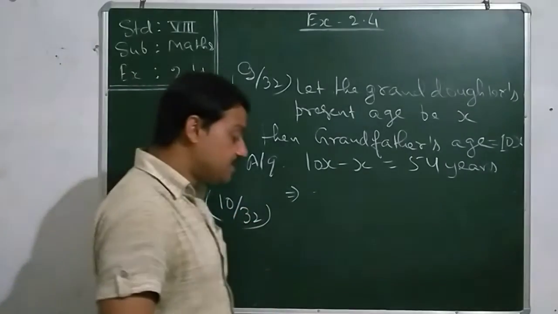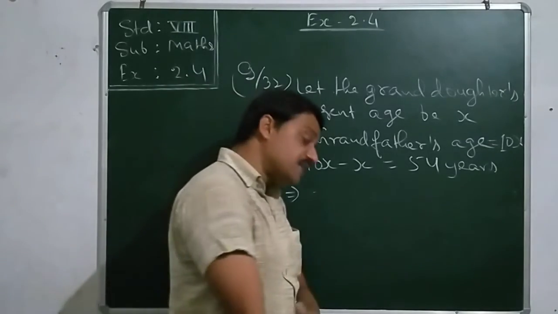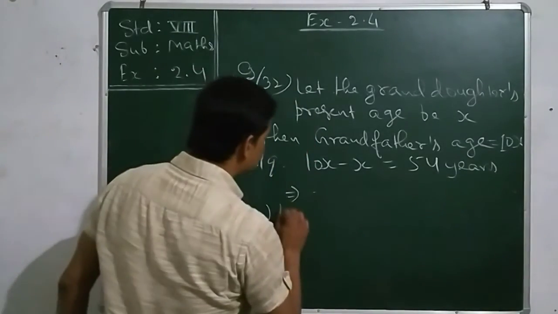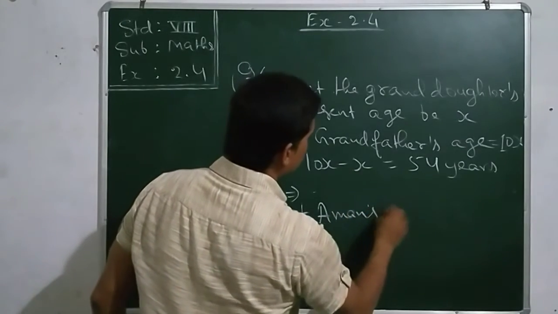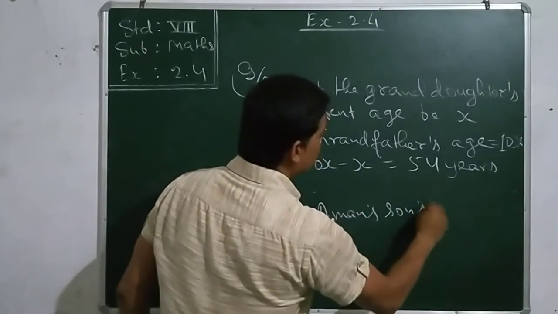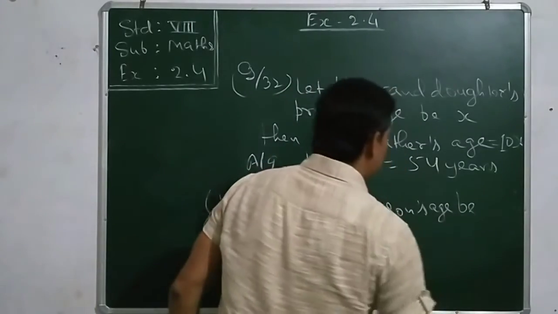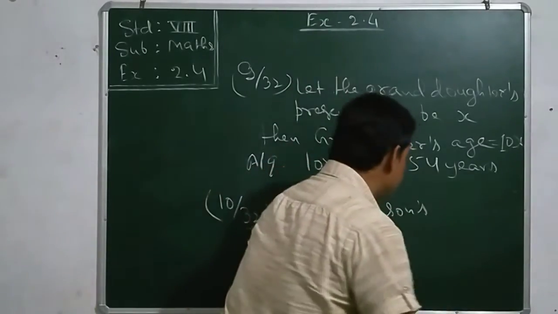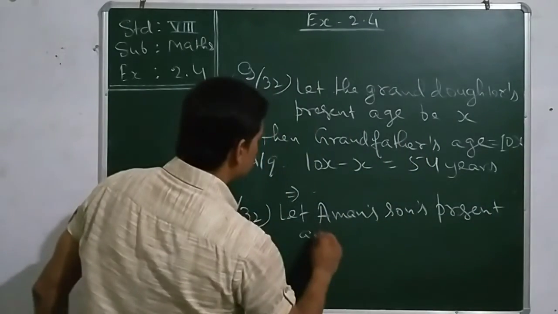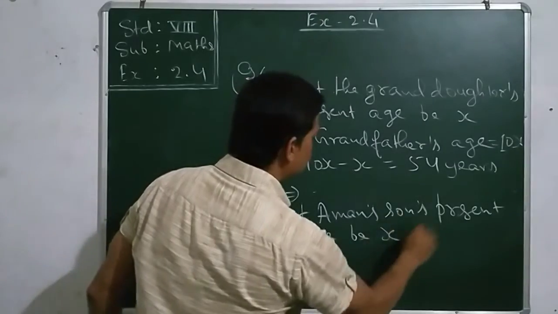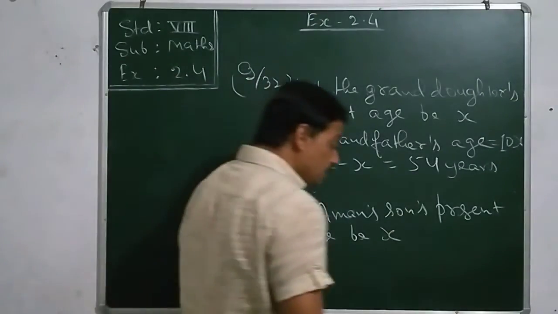Come to the 10 number sum now. In the 10 number sum, Aman's age is 3 times his son's age. Let Aman's son's present age be x.